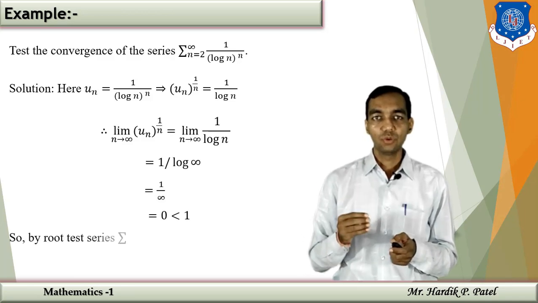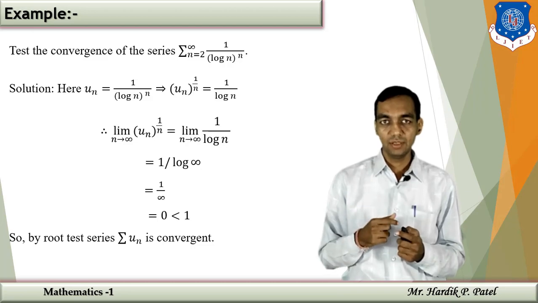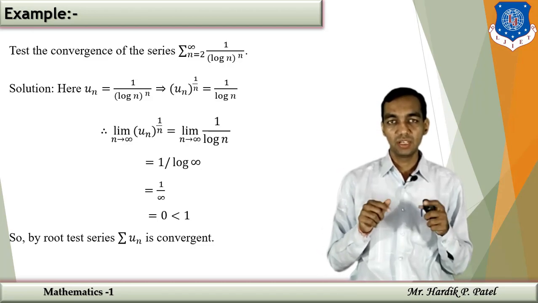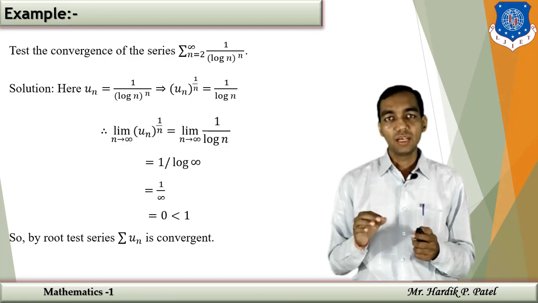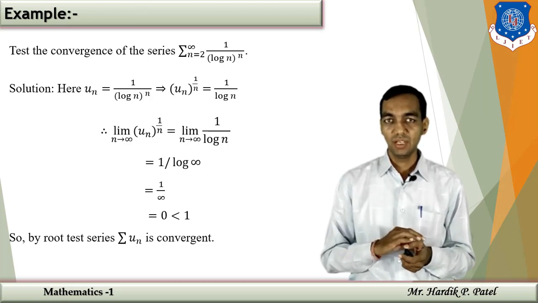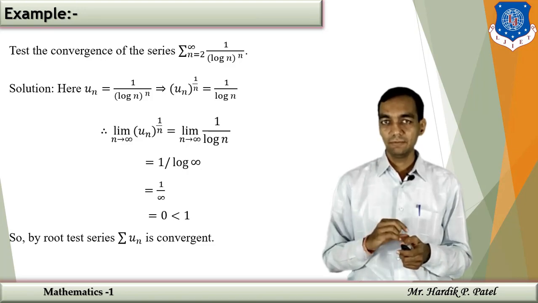Here, your un is nothing but 1 upon log n raised to n. Since the whole thing is raised to n, you can apply the root test. So we start with un raised to 1 upon n, that is the nth root of un, which is nothing but 1 upon log n.